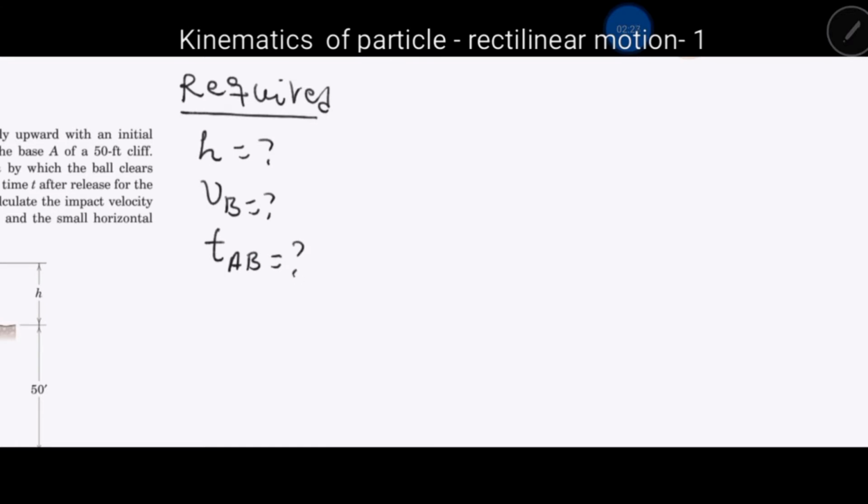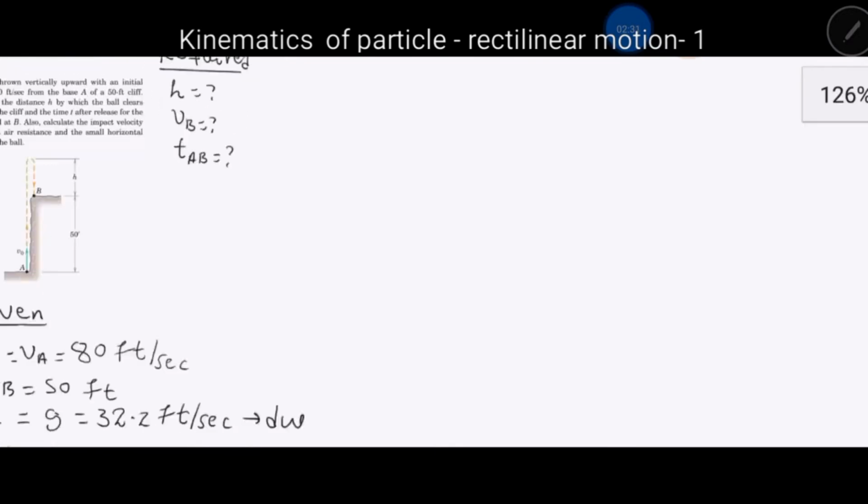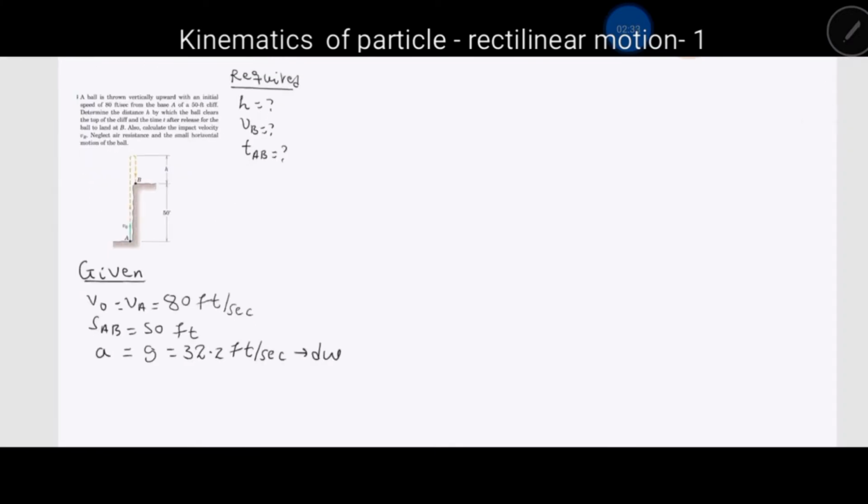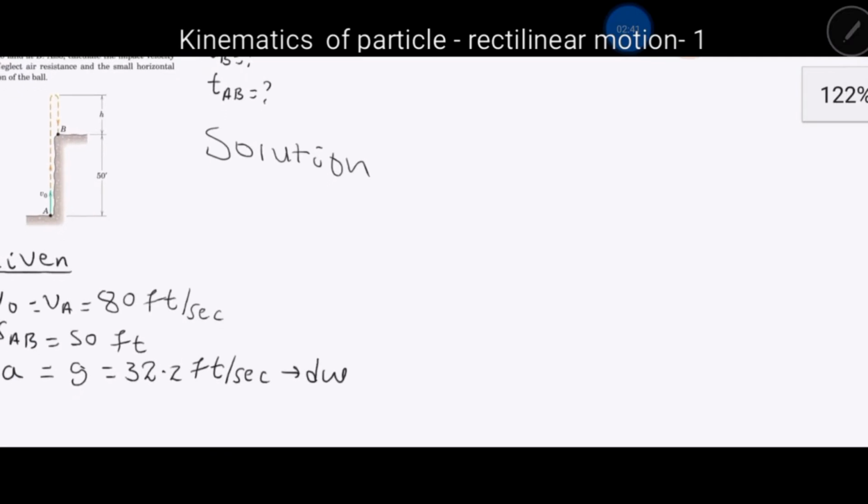So we can rearrange in this way. Time is when the ball returns from its top height to land at B. That's the total time of flight to be calculated. Let's calculate it now, so the solution can proceed.